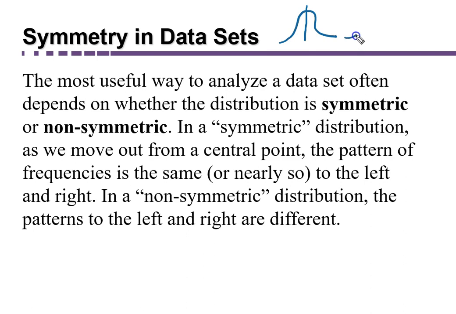Sometimes you might get the data that looks something like this. And this we would say is bisymmetrical, that there are two major points. And in other cases, there may not be any symmetry here.